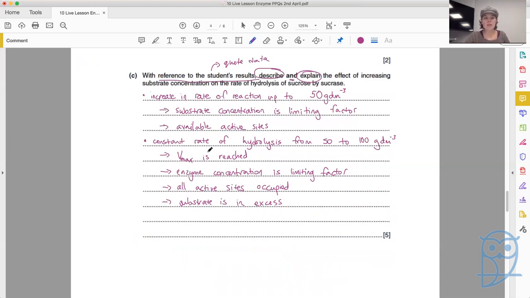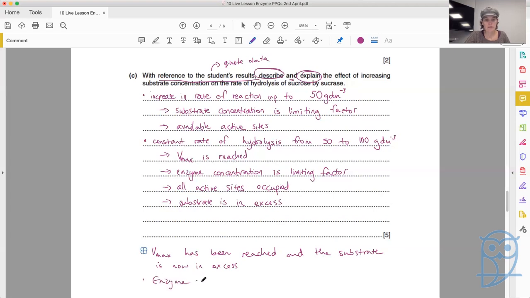Okay, so we could say Vmax, put a sort of bullet point on the side and say Vmax has been reached and the substrate is now in excess.